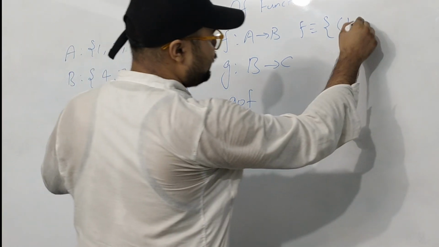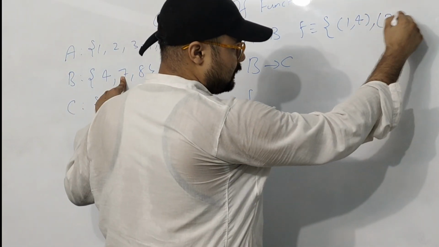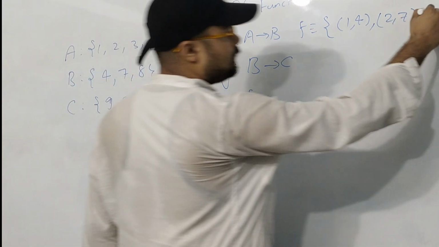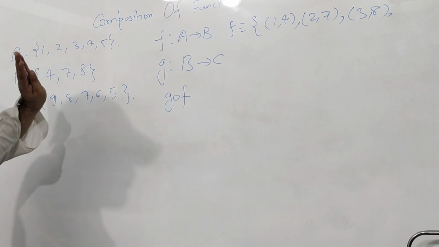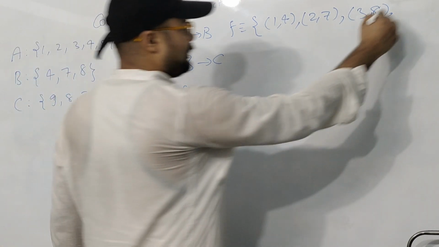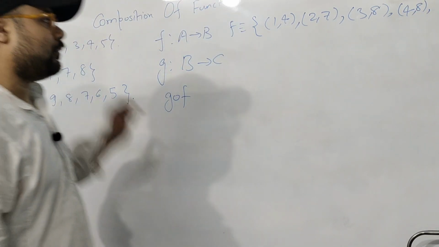Okay, let's do it. 1 and 4, 2 and 7, 3 and 8. I am mapping it randomly. Okay, 4 and 8, and 5 and 4.